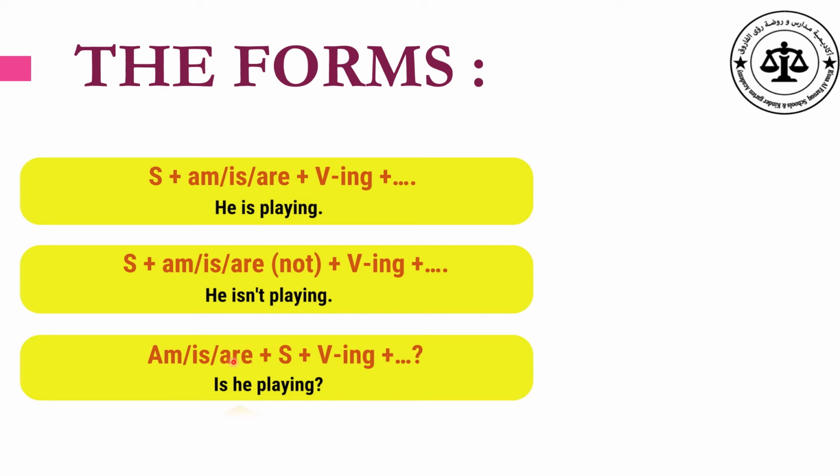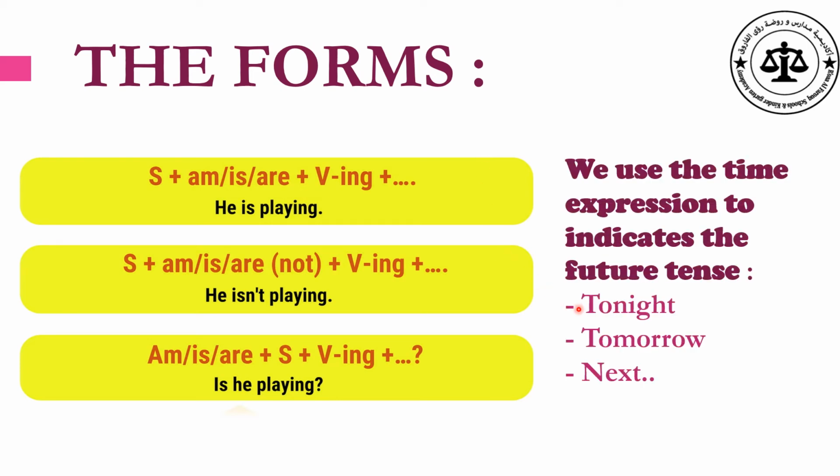In questions, we start with the verbs to be or WH words, then verbs to be, subject, verb ing. We have some keywords that indicate the future tense, like tonight, tomorrow, next week, next Monday, on Tuesday, and so on. These are the expressions which indicate the future tense.